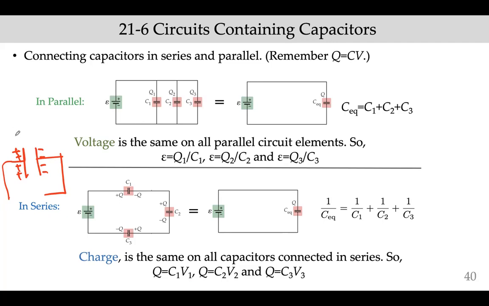So let's say plus Q is the total charge here, and here the total charge is negative Q. When you apply this formula, Q equals C times V, V would be the voltage that you connect to charge it, to have these charges on the plates. So when you apply this formula, you don't write here 2Q. You are just writing the charge on one plate of the capacitor. So it's just Q.